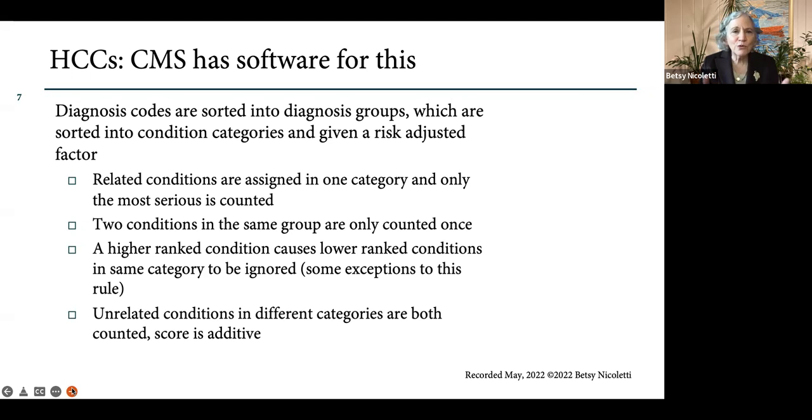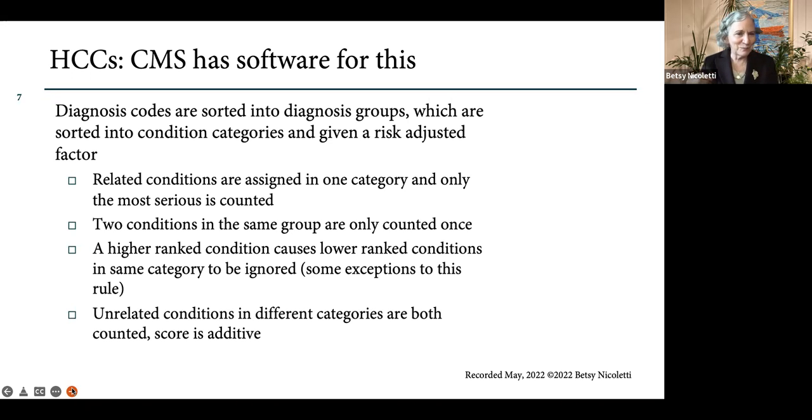Now, you don't have to know the rules. The software program knows the rules here. And you shouldn't be thinking about these rules when you're coding. So just the second bullet down, two conditions in the same group are only counted once. That means if you have diabetes with hyperglycemia and diabetes with nephropathy, and those are both in the same group, you don't count the values related to those twice.